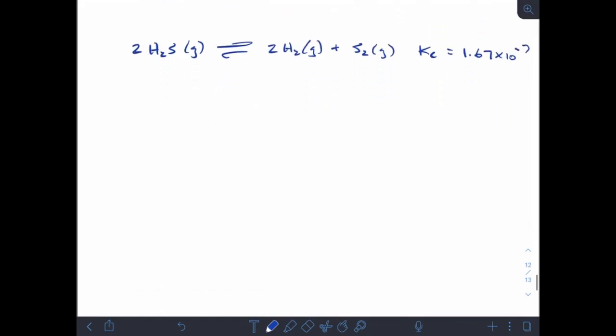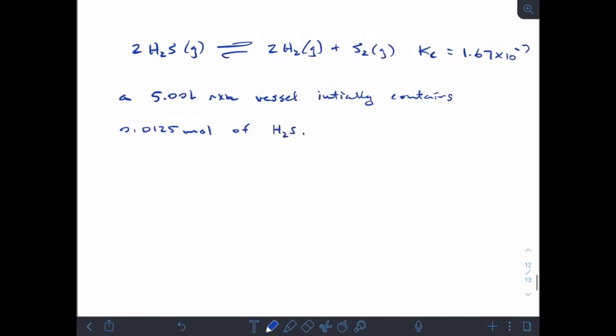It's a pretty small value of K. So let's say that a 5-liter reaction vessel initially contains 0.125 moles of H2S. Find the equilibrium concentrations.